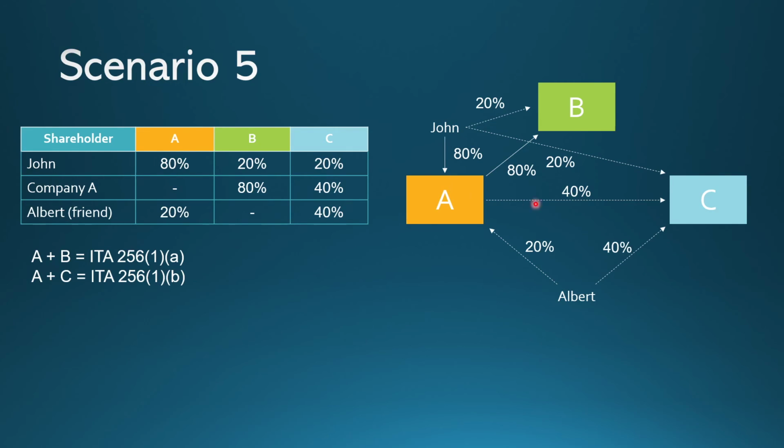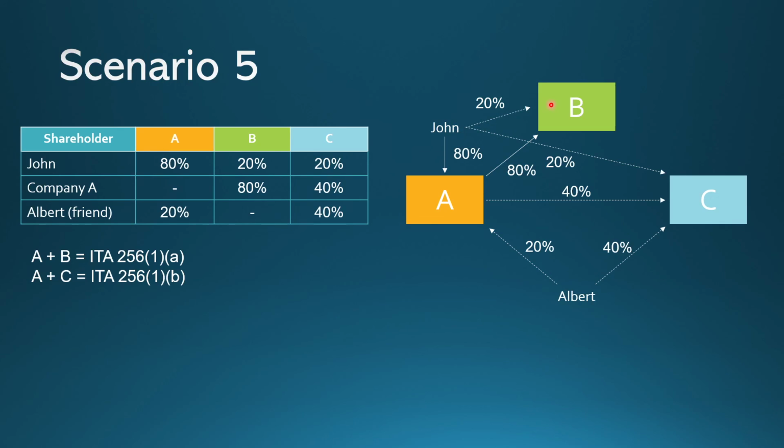Remember, John has control over C, as we just talked about, by 80% here multiplied by this 40% is 32%, plus John's direct 20% holding gives John direct control over C. John also has control over B. John owns 20% directly, and then John controls 80% of A, which controls 80% of B. So 80% times 80%, we'd get 64% influence or control by John over B, plus his 20% stake in B directly.